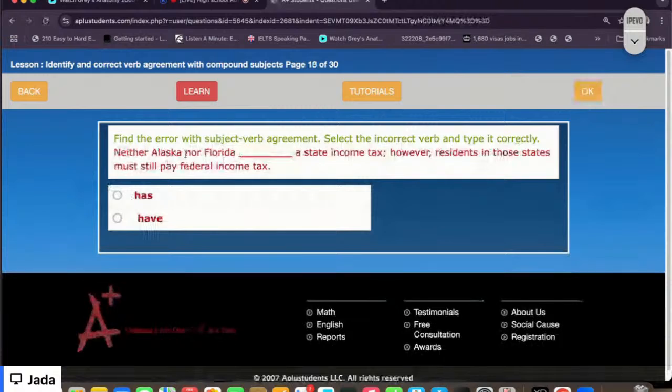Okay, so neither Alaska nor Florida dash a state income tax. However, residents in those states must still pay federal income tax. So, what do you think?